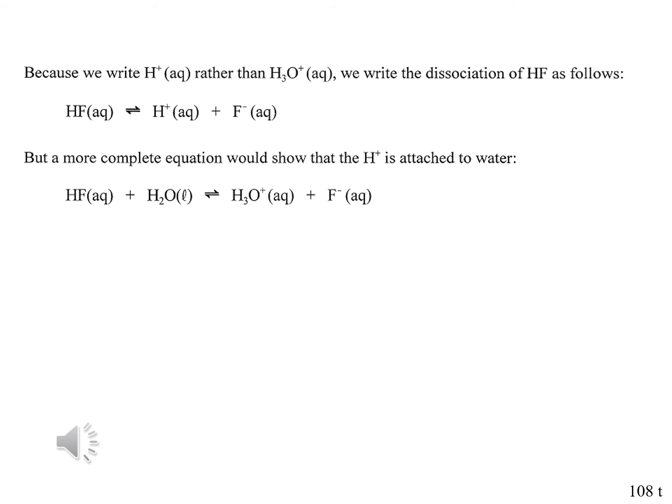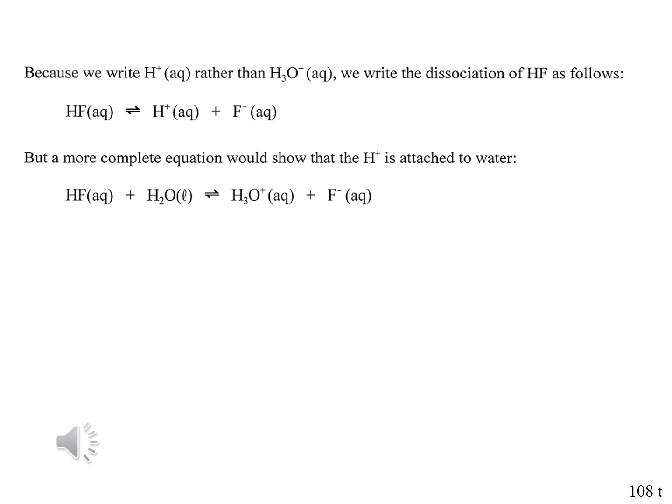When it does that in the forward direction, you form H3O+, and you also get the F- ion free. If you look at the reaction going in the reverse direction, it's actually the H3O+ that's donating the H+ to the F-. And so this is how a Bronsted reaction always works.